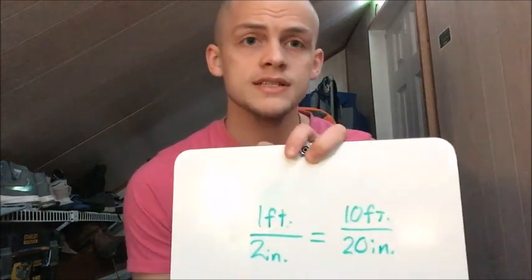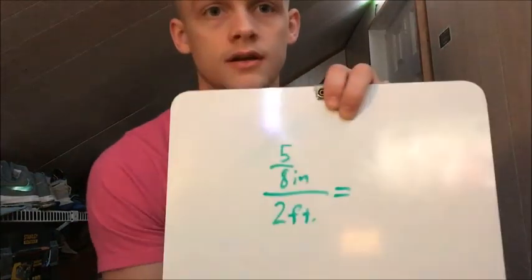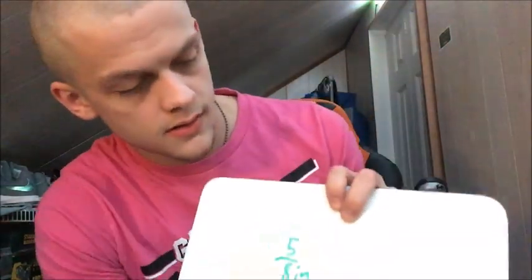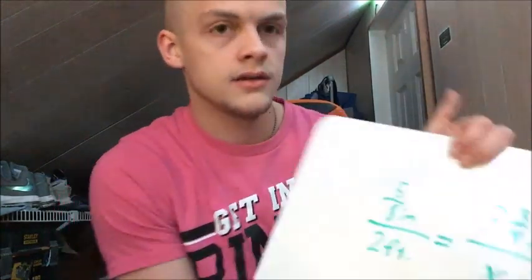Okay? So it's pretty simple, except when you start dealing with fractions in your proportions. Then it can get a little bit harder. So let's say we had 5/8 of an inch is to 2 feet as 3 3/4 inch is to what?